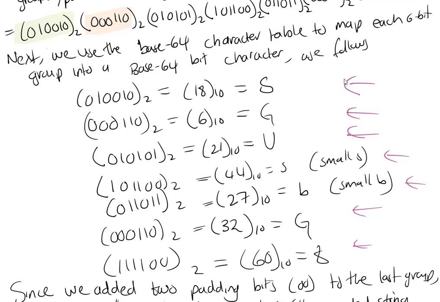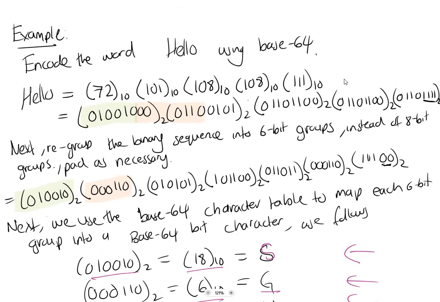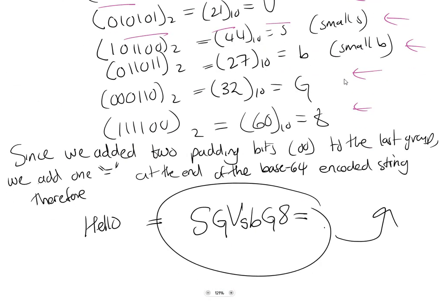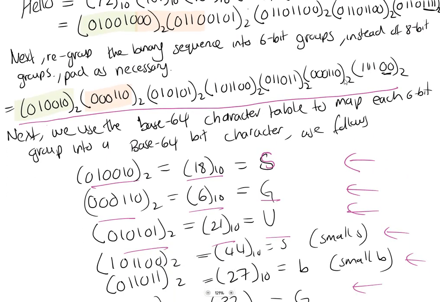Okay, so you're starting off with S to decode it, then you convert it backwards. Okay, G, you convert it backwards. V, you convert it backwards. Okay, then you put them all together like this. Okay. And then you realize that, hang on, my input, what I'm trying to decode, had an equals sign at the end, which means that I added 2 zeros inside of it. Which means that when I come back to this step, I need to remove those 2 zeros.